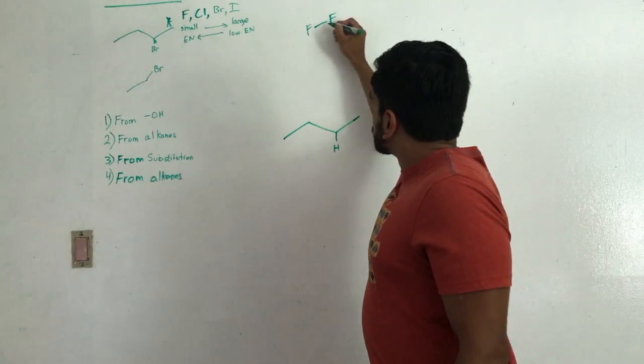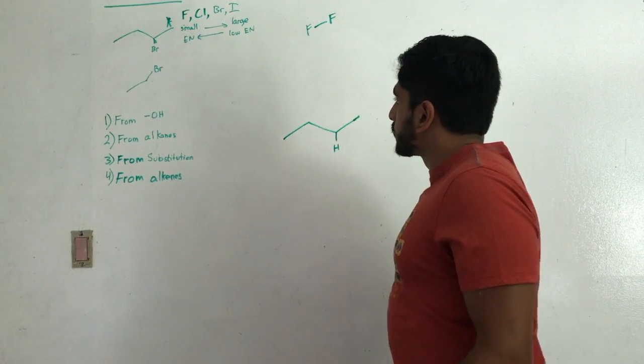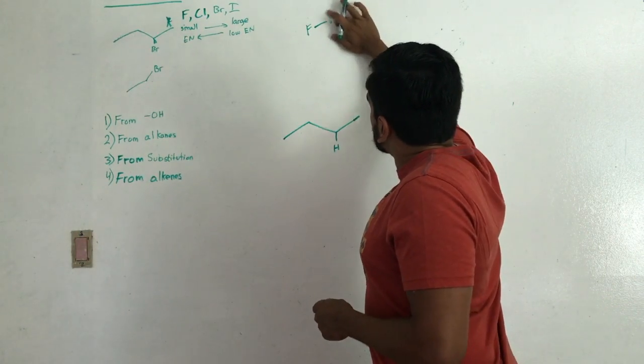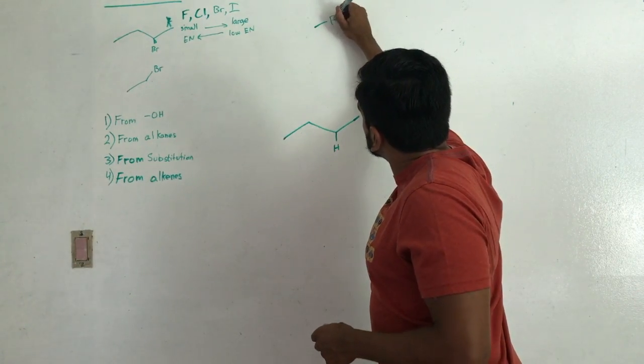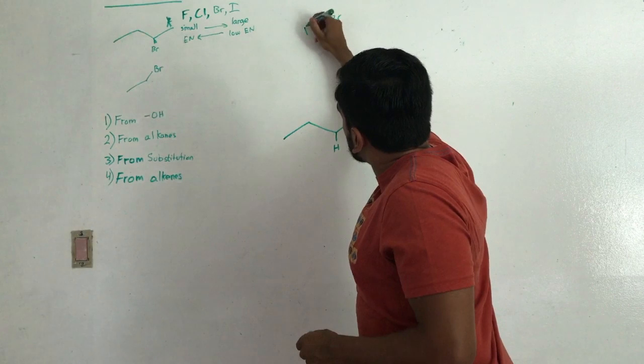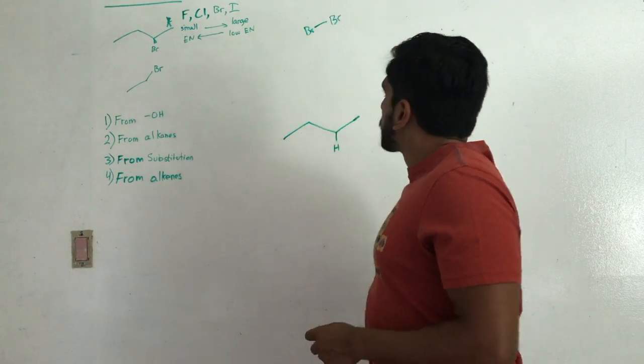For example, this is how fluorine is found in the environment. Because I'm going to try to make a bromoalkane, I'm going to show you Br2 and how this mechanism works.